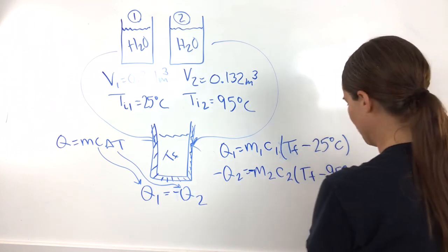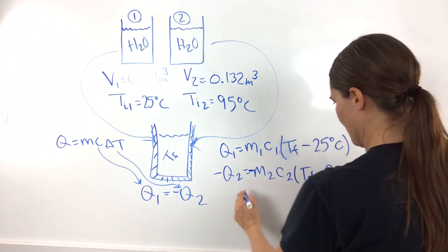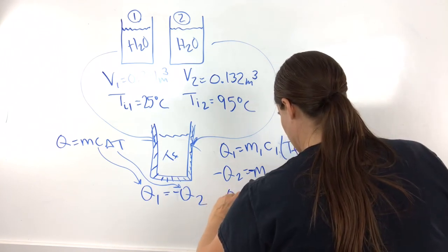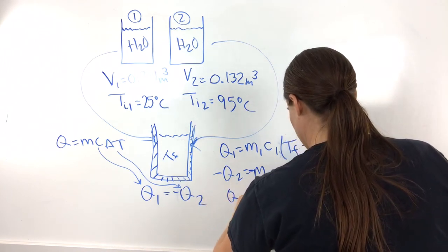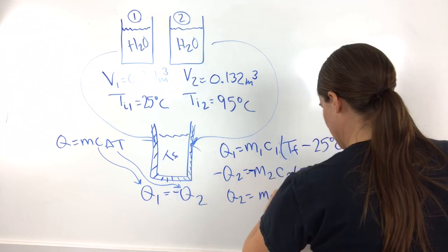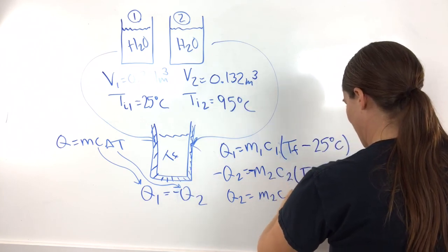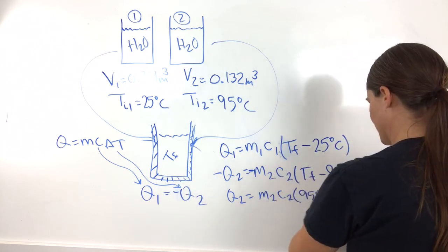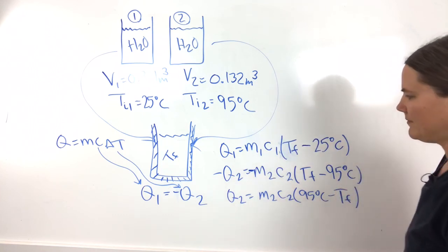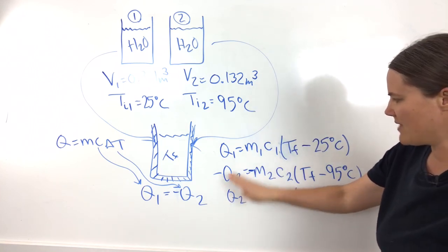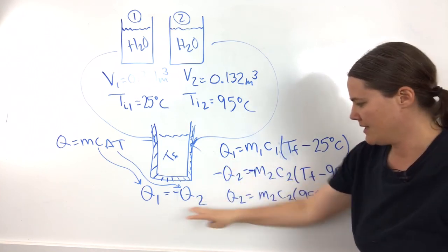Then I want to multiply through the negative sign. So Q2 is equal to M2 C2 times 95 degrees Celsius minus temperature final. Now I have an equation for Q1 and Q2.